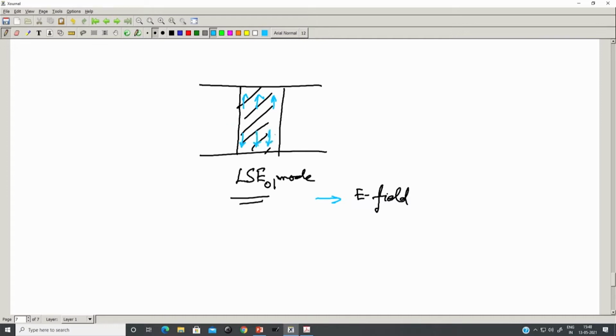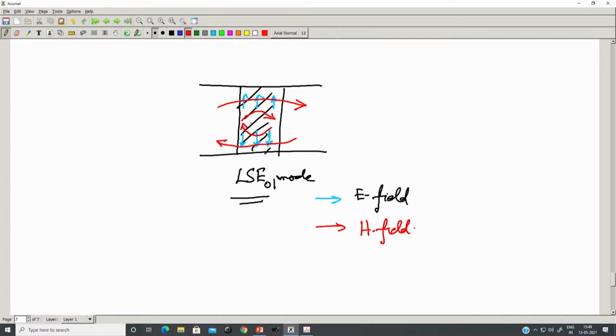This is the electric field profile of the LSE 01 mode. As far as the magnetic field profile goes, this is the magnetic field profile of the LSE 01 mode.